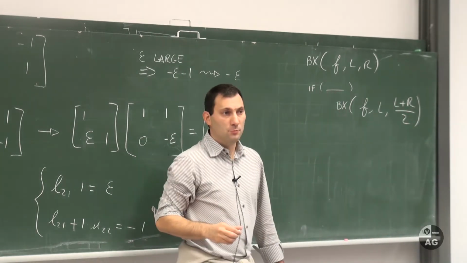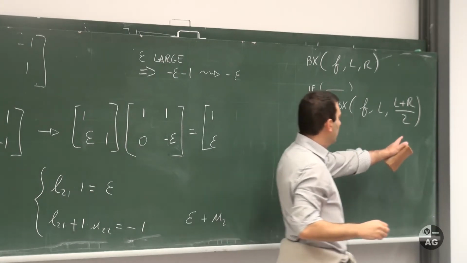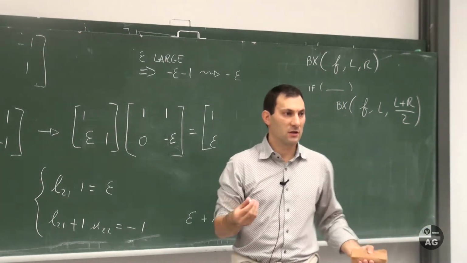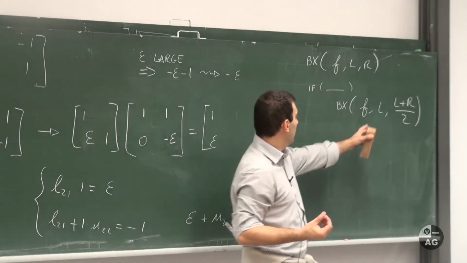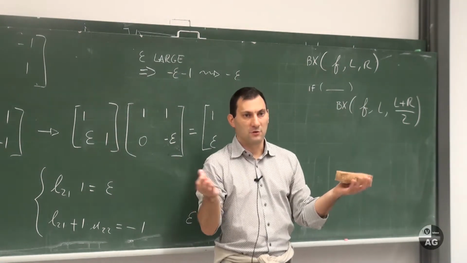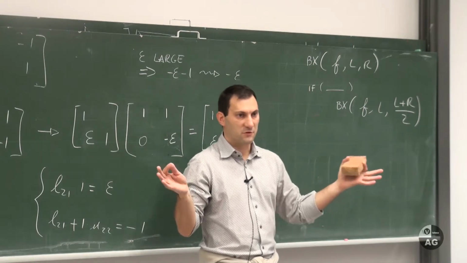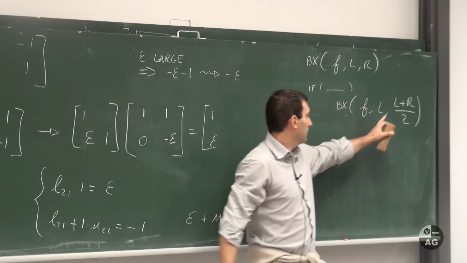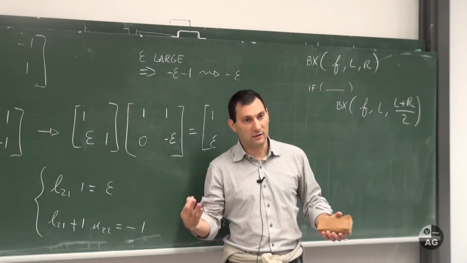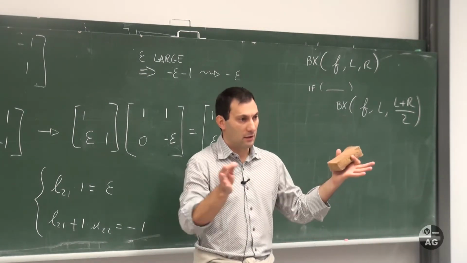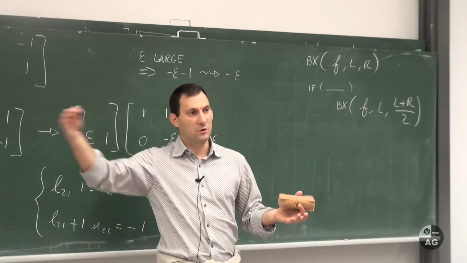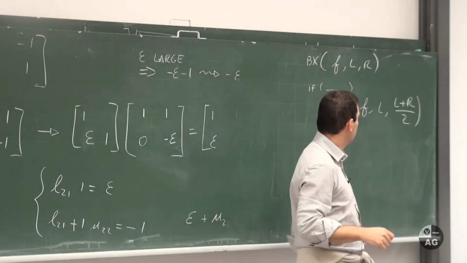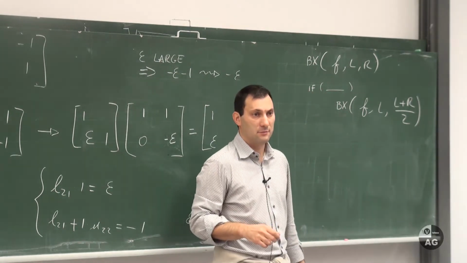I don't know whom, but somebody pointed out that L plus right over 2 could give problems because L and right are floating point numbers, so that's perfectly fine. They lie in our interval, but L plus R, maybe combined together, go beyond the overflow limit. So, anybody has a better idea?